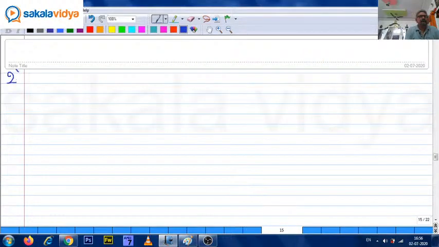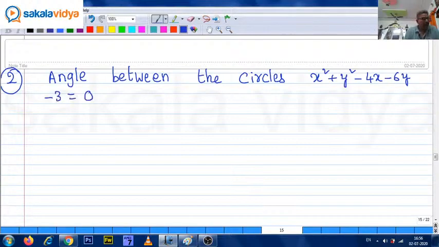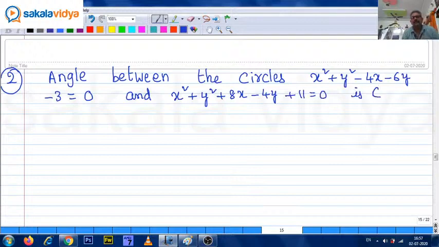Second problem. Angle between the circles x square plus y square minus 4x minus 6y minus 3 equals to 0 and x square plus y square plus 8x minus 4y plus 11 is equal to 0 is, this is the question.